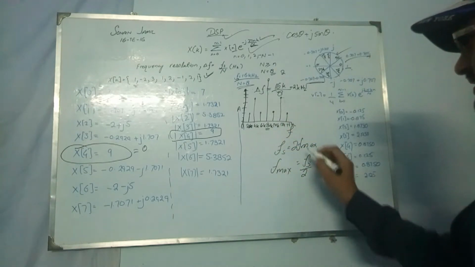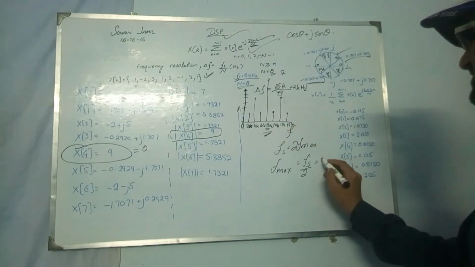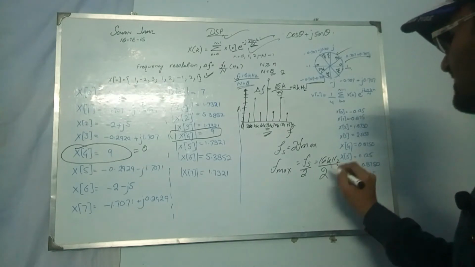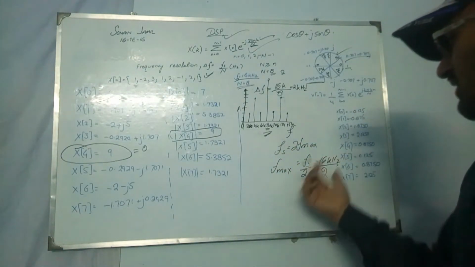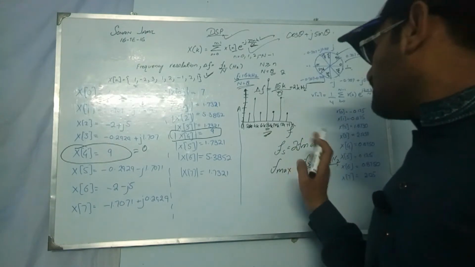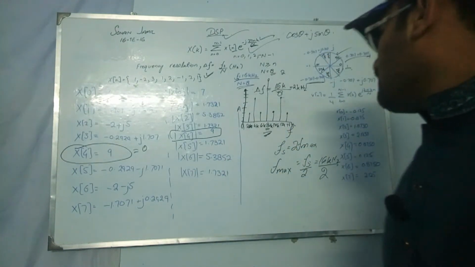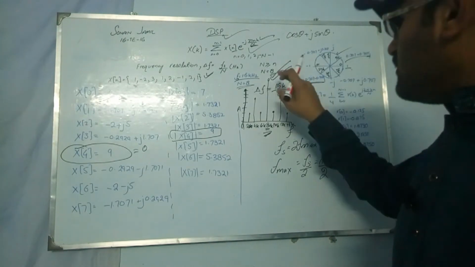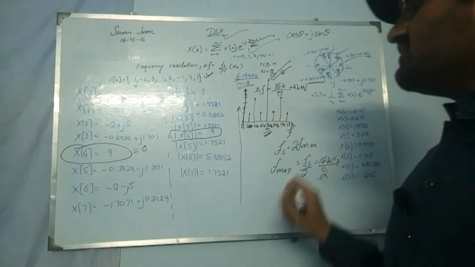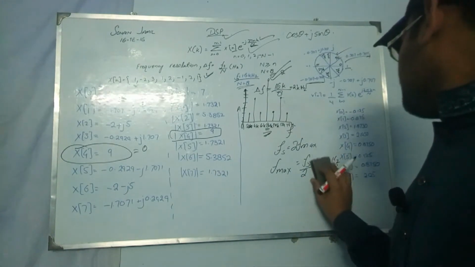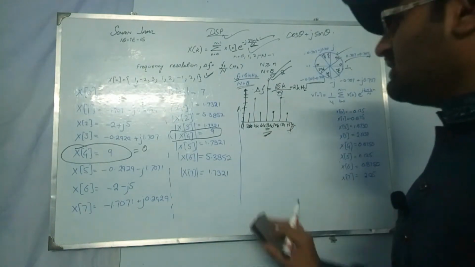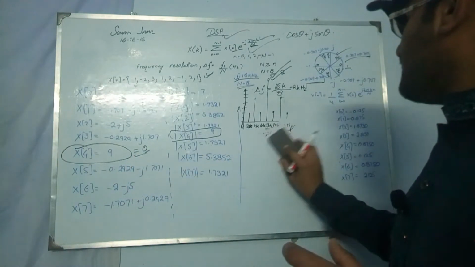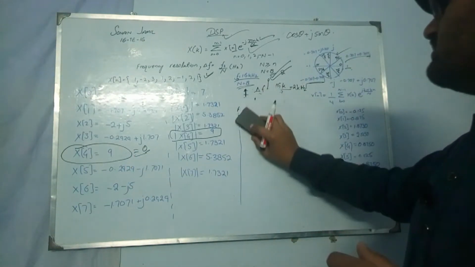This will be 8 kilohertz, because 16 kilohertz is my sampling frequency, and if I divide this 16 kilohertz by 2, it will come out to be 8 kilohertz. So I want to filter out this frequency. To make this frequency 0, what will happen? Just substitute this 0 here.